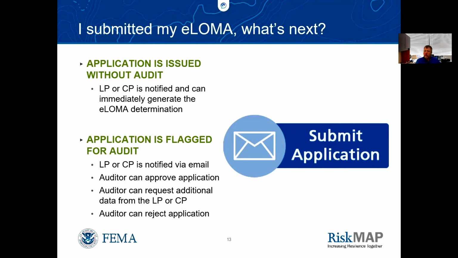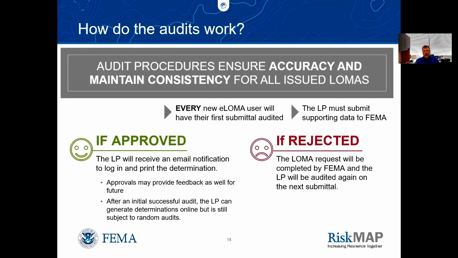Generally, the audits get approved. Sometimes they need some corrections or changes before they can get approved, but for the most part, they get approved. But sometimes they do get rejected. One thing we like to point out is that every new user, once they've signed up to use eLOMA, is audited on their very first try.